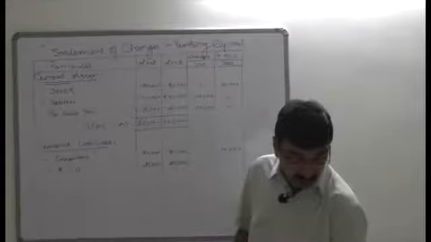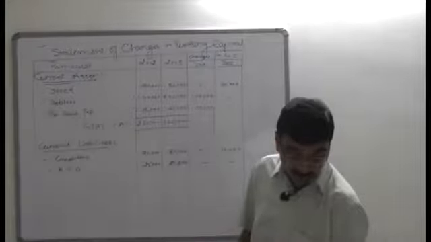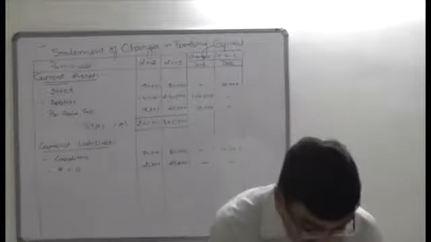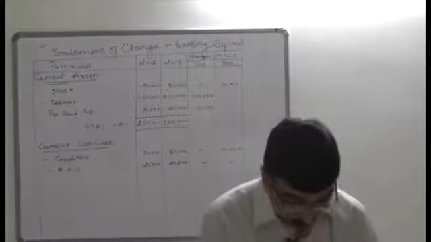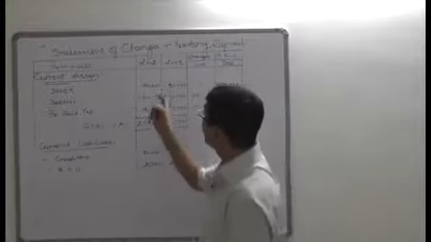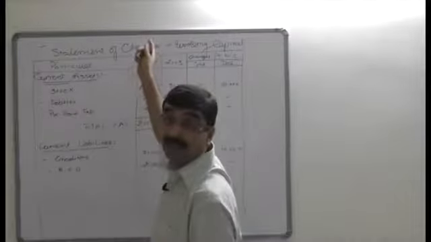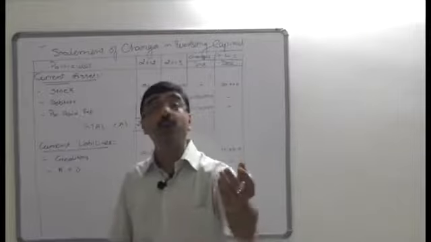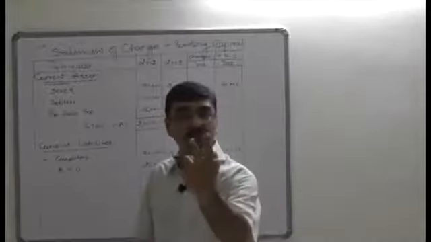After the bank overdraft, next is provision for taxation. Now see, as I have already discussed in the theory part, whether the provision for taxation would be considered as a current liability, as a working capital statement item, or we need to prepare a separate account? There are two possibilities.